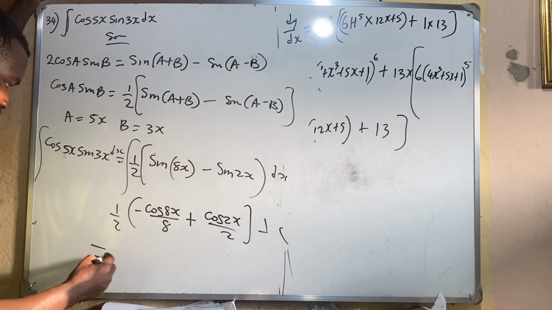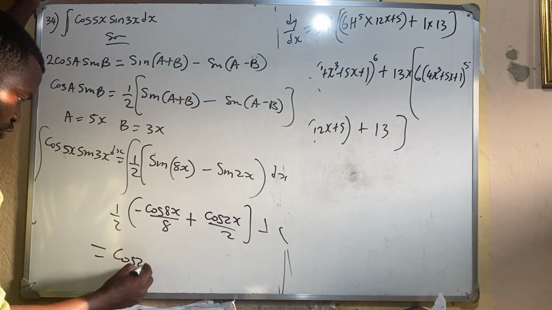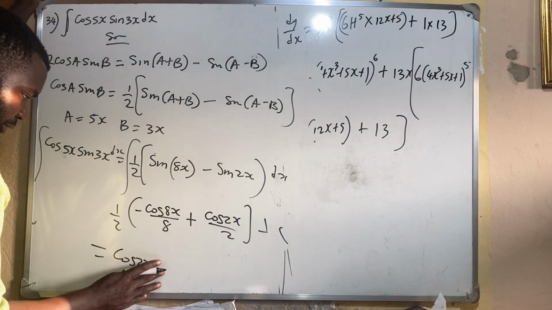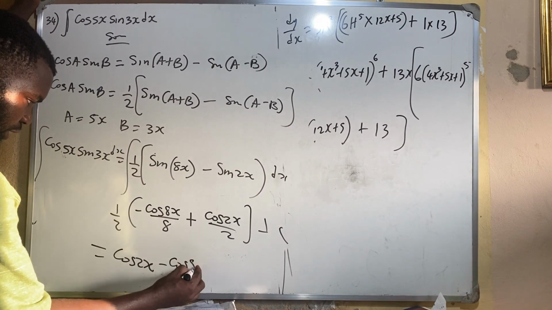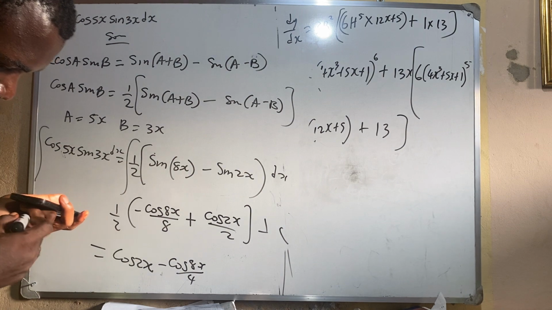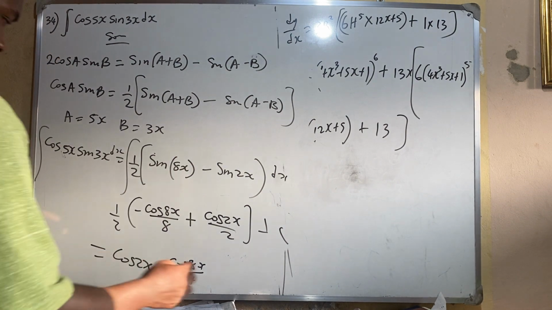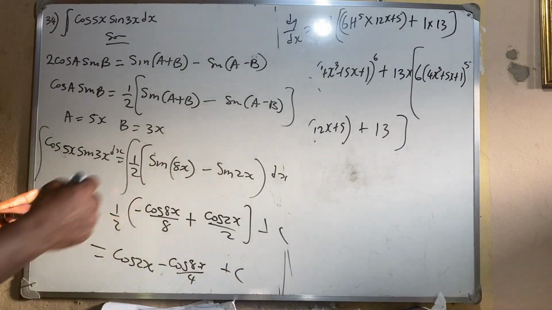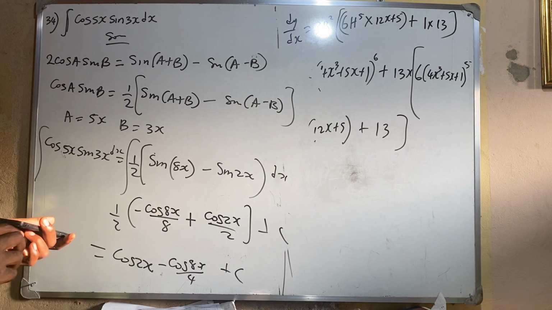So if you clear the bracket, you are going to have cos 2x minus cos 8x over 4, plus a constant. As simple as that.